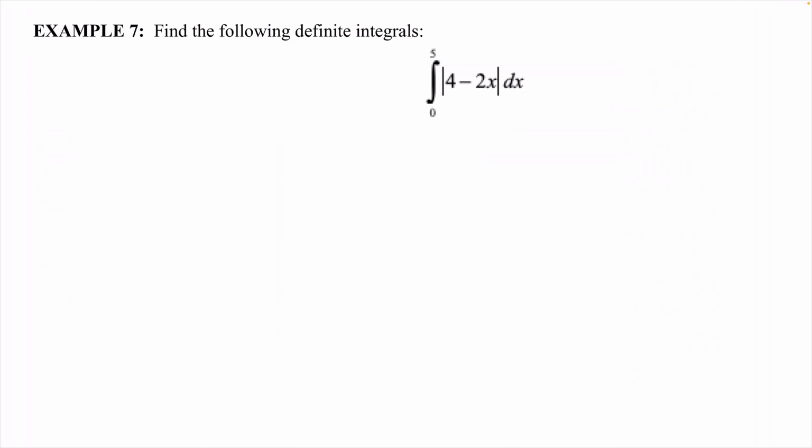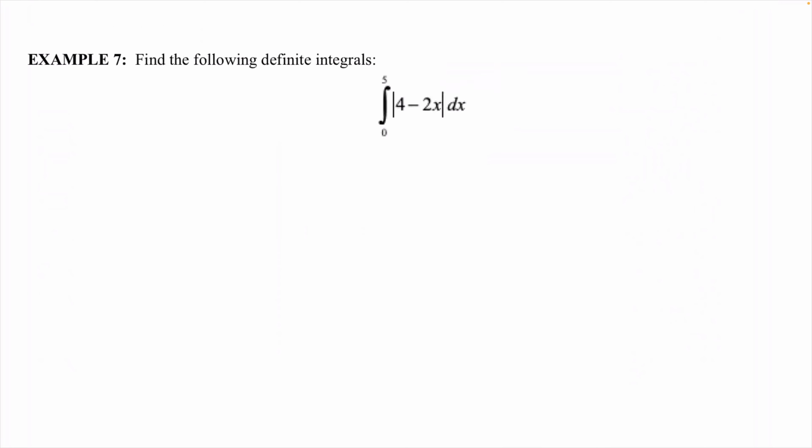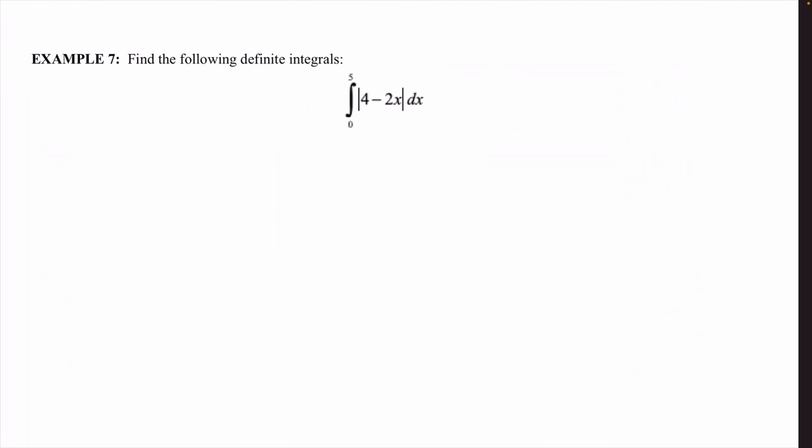So this is kind of what you did on your quiz, but I wanted to put this one on there just to show you that we still do the same thing. So our bounds go from 0 to 5: 1, 2, 3, 4, 5. Then we're going to use the function to make points.